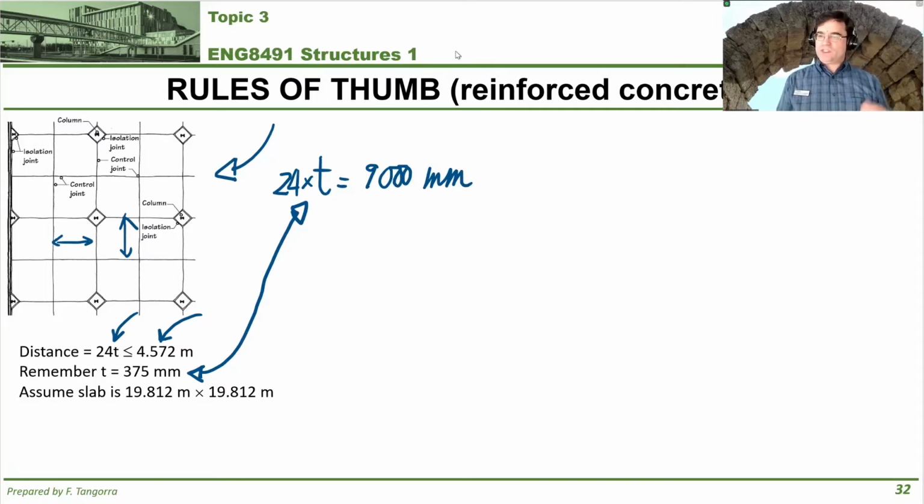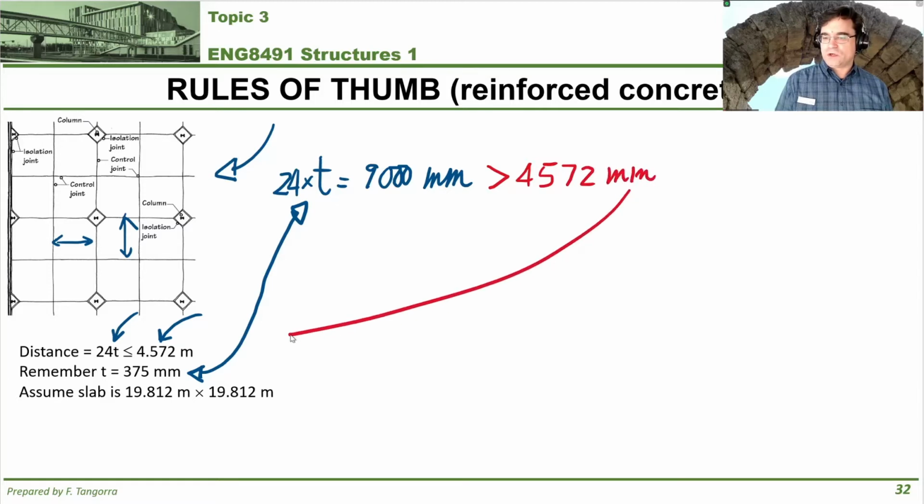Now, is that then what the spacing is going to be for the control joints? No, because you'll notice that it is more than 4,572 millimeters. Right? This requirement right here.